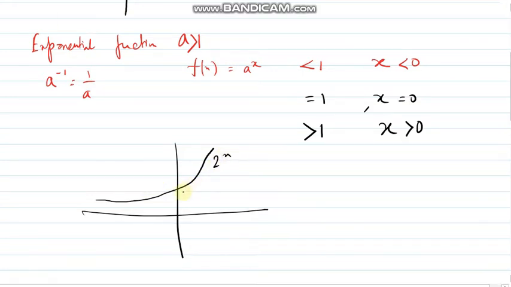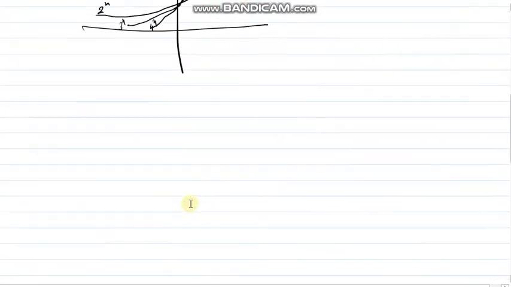Now how will the 3 to the power x graph lie? The 3 to the power x graph will start from there, and over there it will go up. This will be 3 to the power x. Now the 4 to the power x graph will be over here, so it will be over there. So this is the graph of 2 to the power x, this is 3 to the power x, this is 4 to the power x. This is the graph I have done for a greater than 1, right?